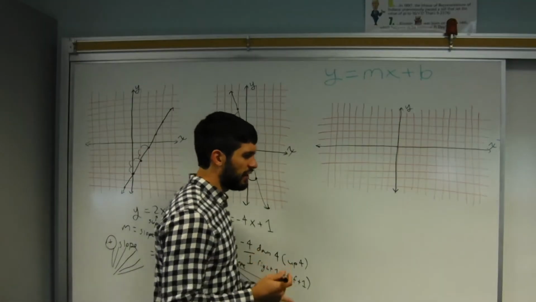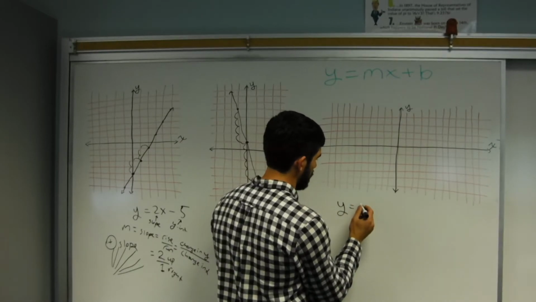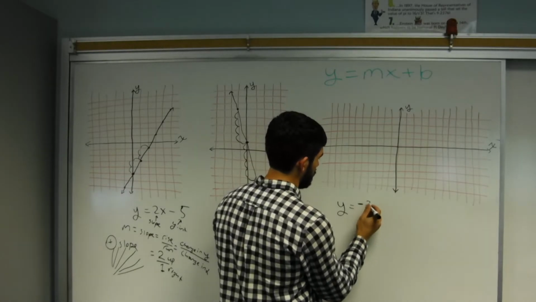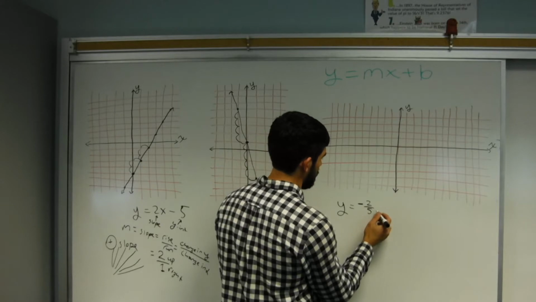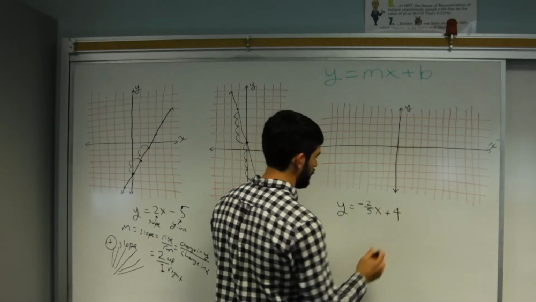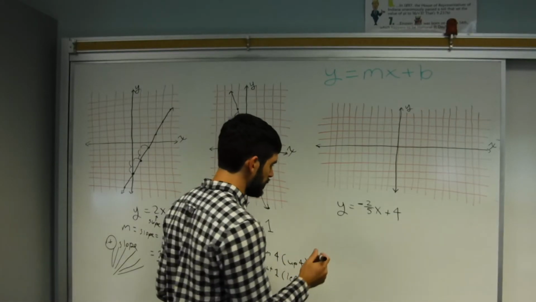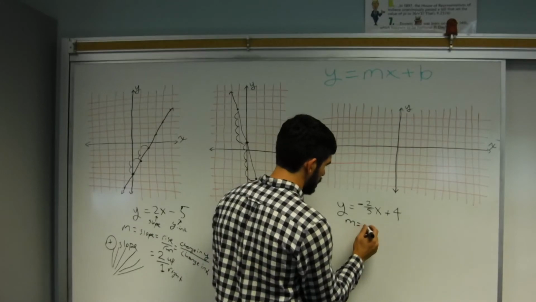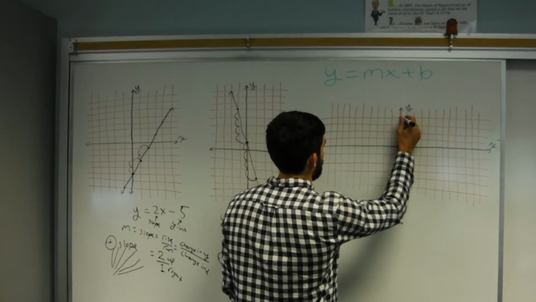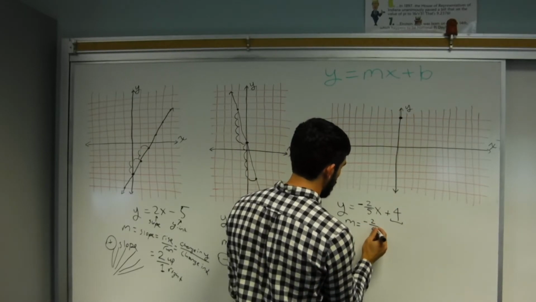However, very often in slope-intercept form, we may see something like, say, -2/5 x plus 4. So if you have a slope that's a fraction, our y-intercept is going to be +4. So you can go up there. And our slope is going to be -2 over 5.